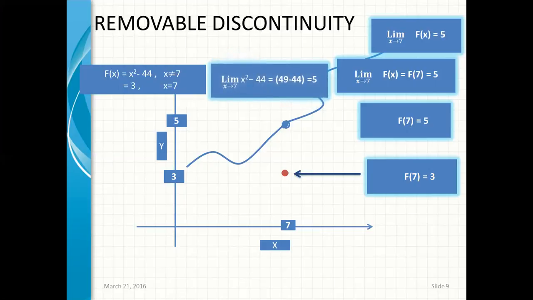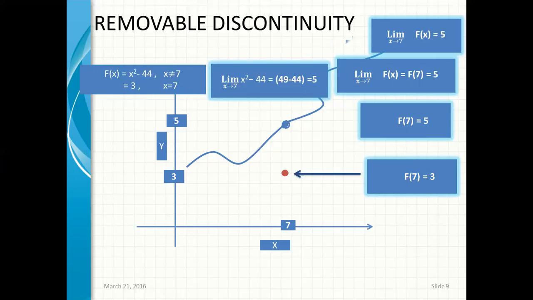Basically I'm just plugging in the value of 7 and getting a value of y, right? So when I plug in 7, it becomes 7 square minus 44, 49 minus 44, which equals 5. So limit x tends to 7 of f(x) for x not equal to 7 becomes 5. This is what I got earlier also.